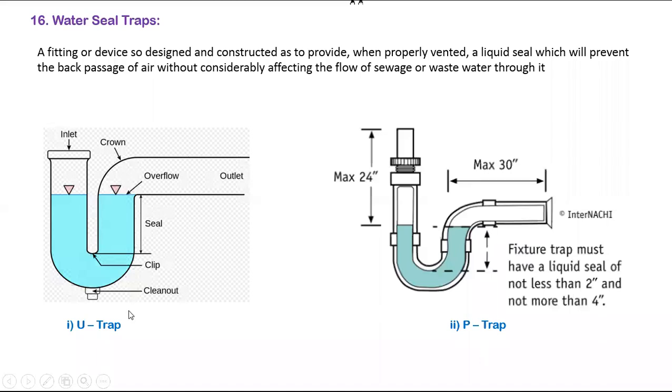The P drop and the U drop look almost the same; only some extra gap will be there in the horizontal portion, and here it is very close. A little bit of gap will be there. That's all, both are the same. Both we are using in the wash basin, area or kitchen, based on availability or requirement.